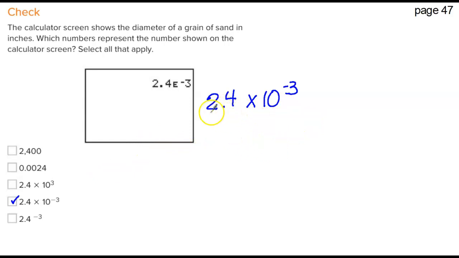If I move this 3 places to the left, I would have 2, 4. It started here. I went 1, 2, 3 places to the left. Do you see this number over here? It's got that optional 0 that I don't usually write, but it's an optional 0. But it has 2 zeros between the decimal and the 24. So that's a correct solution also. Those are the only 2 correct solutions for this one.